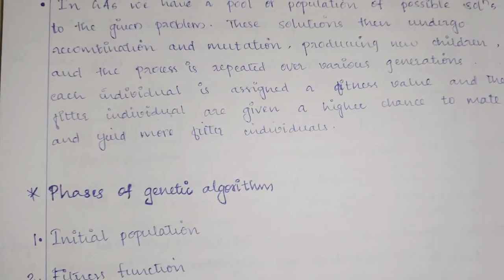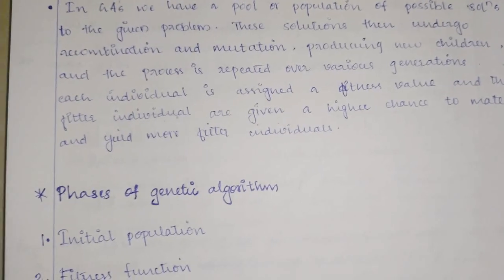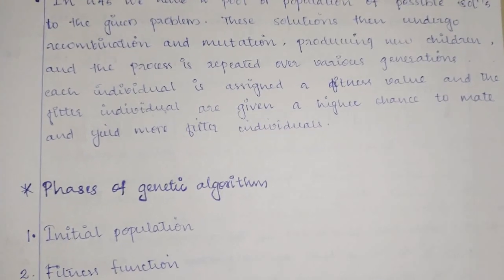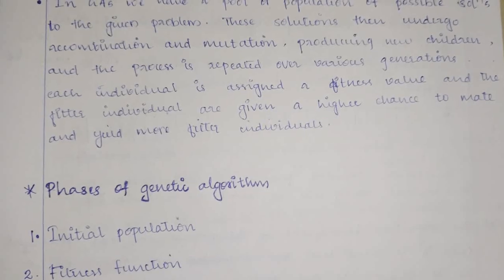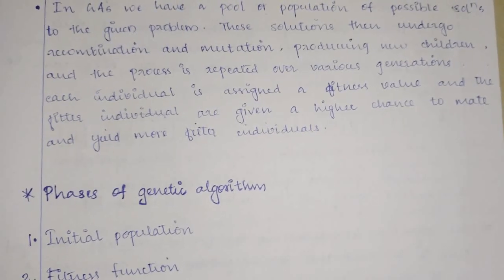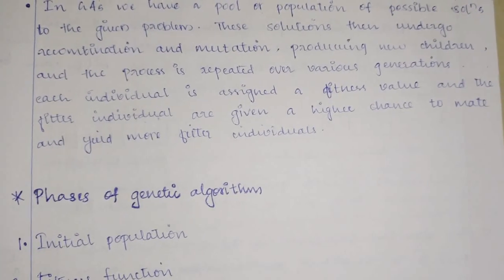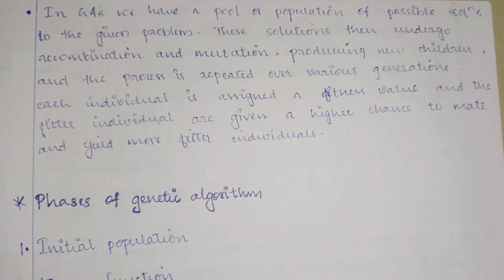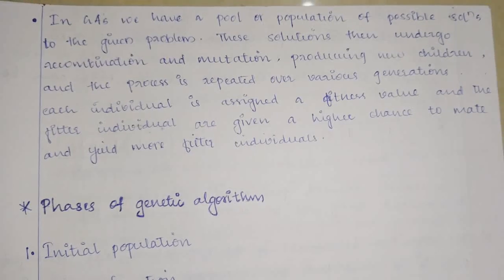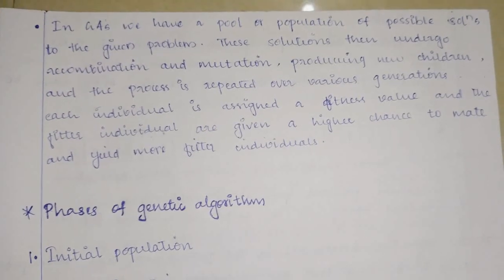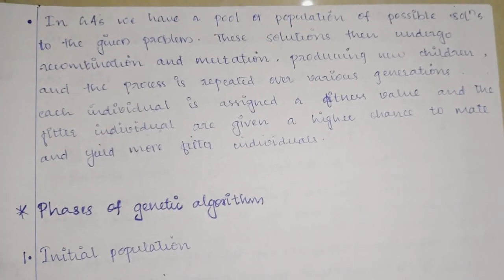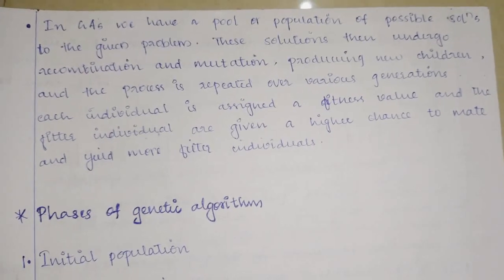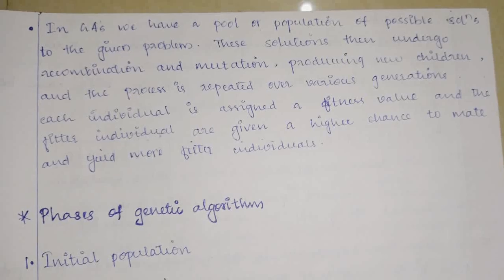After recombination and mutation, it will produce new offspring, and this process is repeated over various generations. During this process, each individual is assigned a fitness value, and the fitter individuals are given a higher chance to mate and yield even fitter individuals. Here the fitness value is a score given to each individual, where an individual means each possible solution. The fitness score shows the ability of an individual to compete.